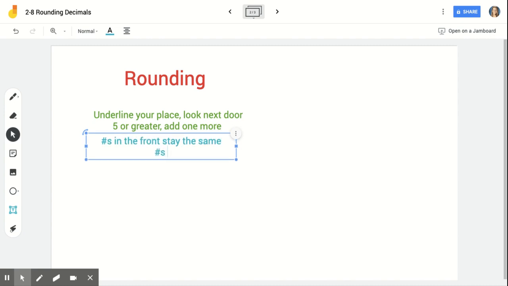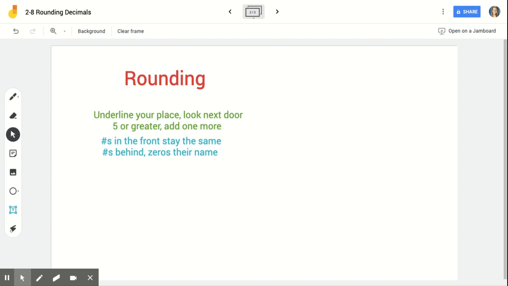Numbers behind, zeros their name. And that is our rhyme. So go ahead and copy that down. It should be taking up a line in your binder paper for each line, so 4 total lines. And I'm going to repeat it a bunch of times so it gets stuck in your head, and repeat with me, okay?